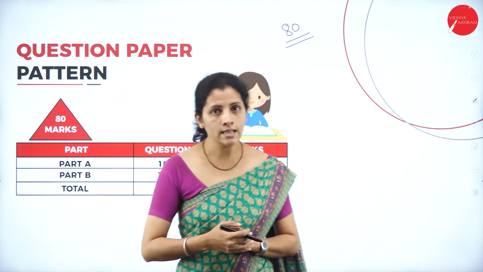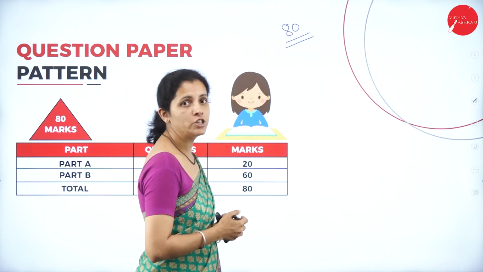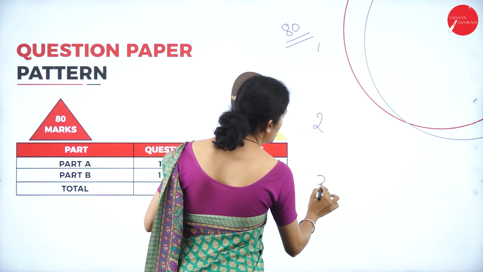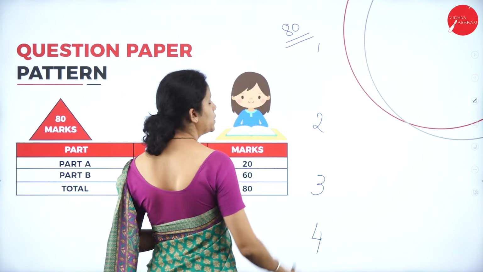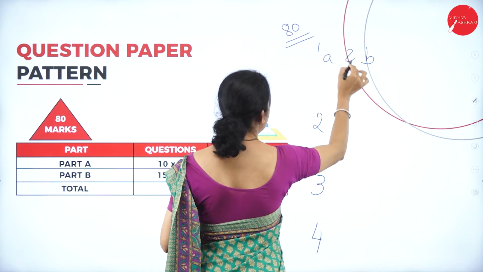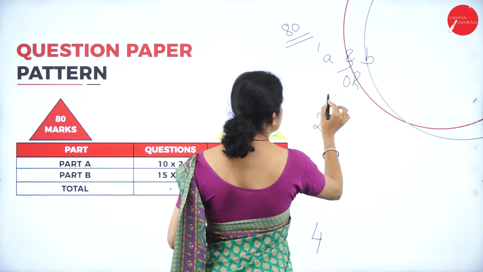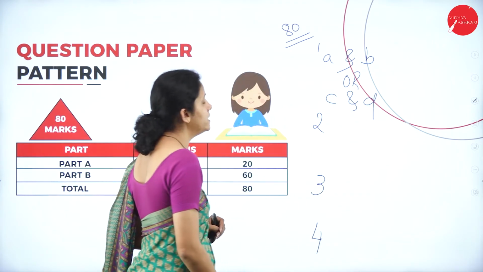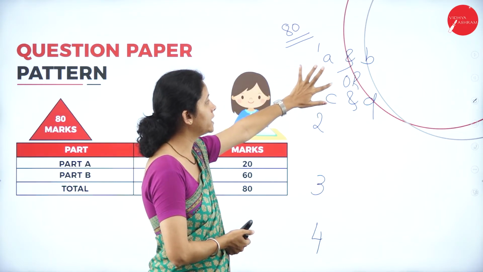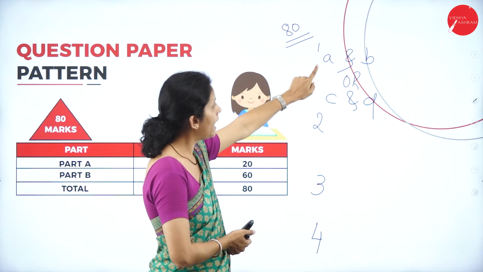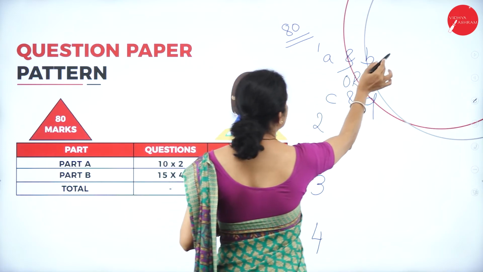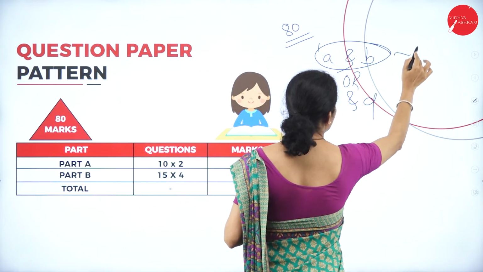And if I consider Part B or Section B, you have 4 main questions, and these 4 main questions are further subdivided into A and B, or option C and D. That means from the first main question you want to answer either A and B or C and D. Here A and B is for 15 marks.